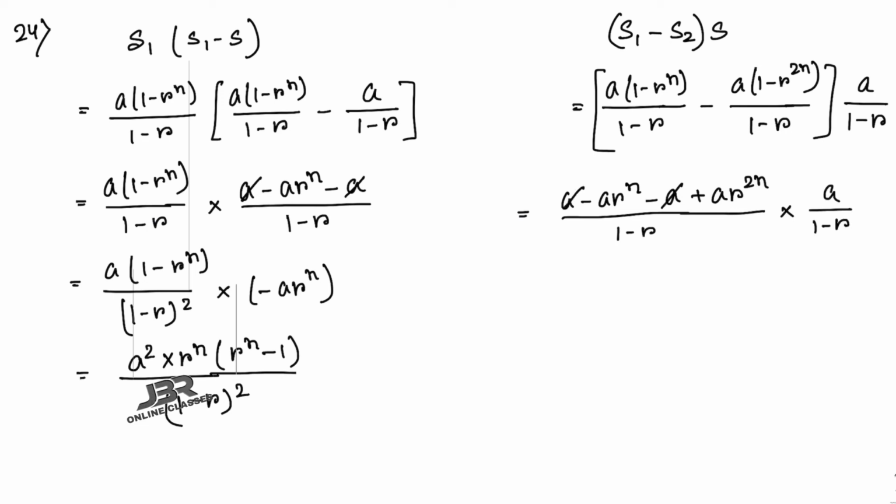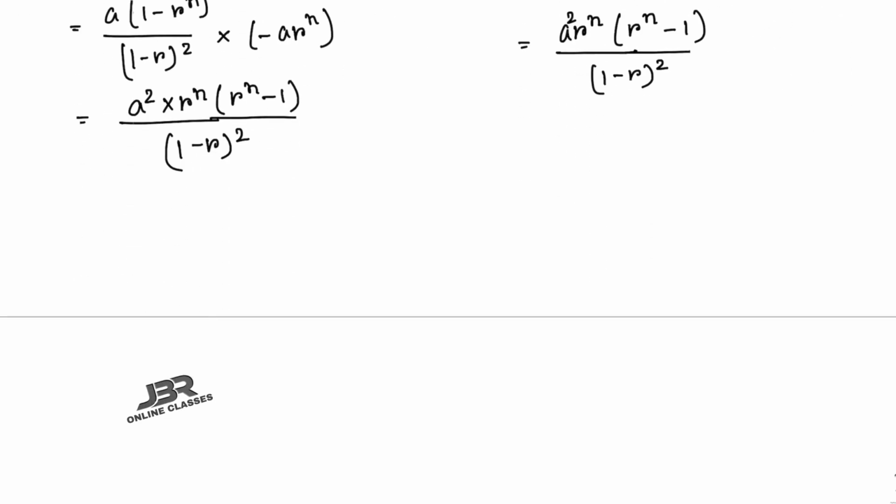Again a cancels out, and as a r to the power n is common, it becomes r to the power n and then minus 1, divided by 1 minus r whole square, and here also it becomes a square. So the left hand side and the right hand side are equal. Okay, now next one, sum number 25.